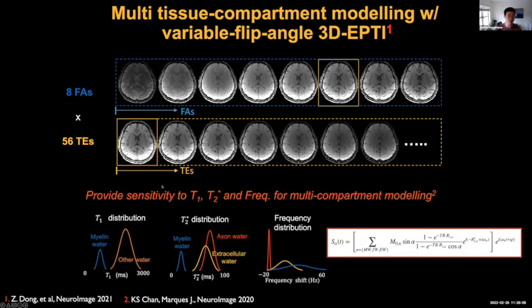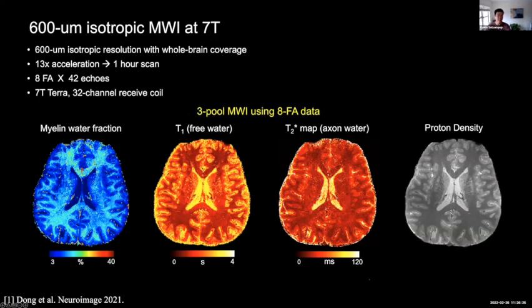So in this sequence, we'll have sensitivity to T1, T2 star, as well as frequency change across the readout to enable us to do multi-compartment modeling of myelin, axon, and extracellular water, fit with this equation on this large data, really pushing the resolution here at 7T down to 600 micron isotropic quantitative imaging of the multi-compartment model.